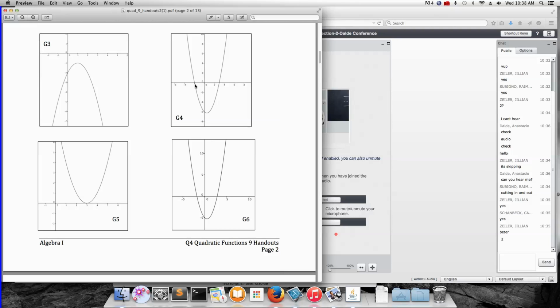It lands real nicely on -2, which is right here, and +3, which is right here. So this particular parabola has 2 answers, and not only that, it lands nicely on numbers. That tells me that if I wanted to factor that parabola, I can factor it pretty easily. Okay? Are we cool with that?